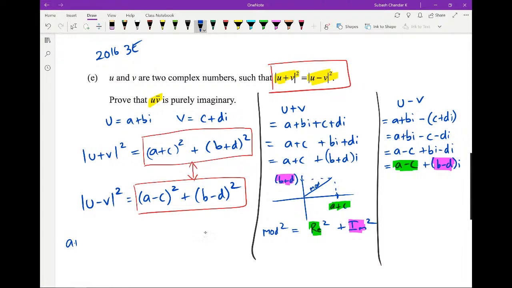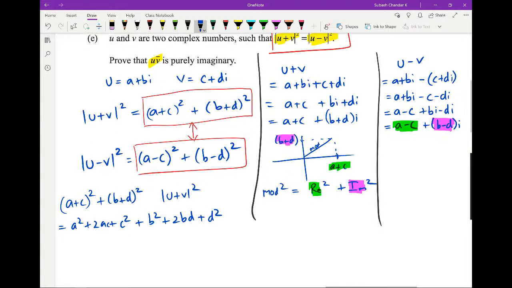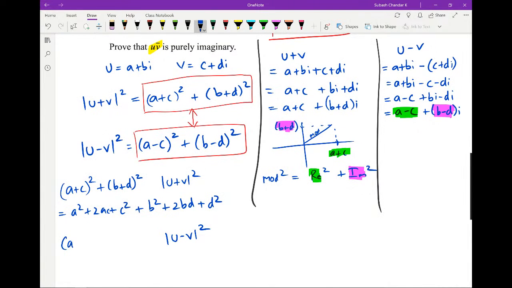So I've got A plus C squared plus B plus D squared is equal to A squared plus 2AC plus C squared plus B squared plus 2BD plus D squared. So this is my U plus V squared. As for the U minus V, I've got A minus C squared plus B minus D squared.